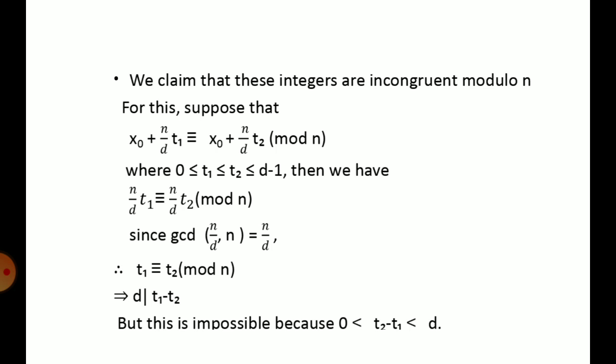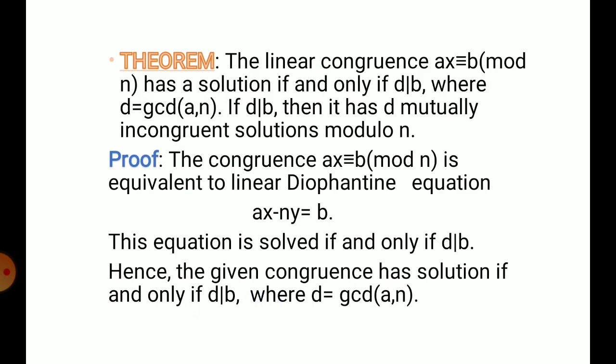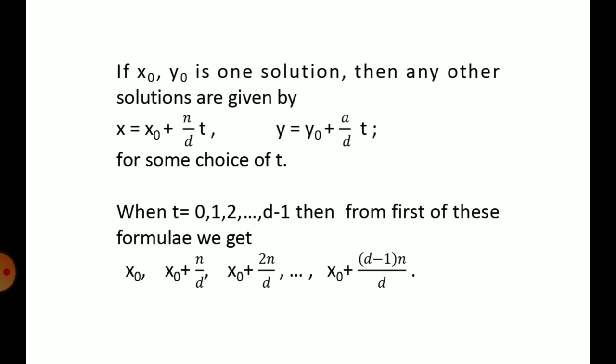Means, as we have considered these d solutions, any one of these d solutions will not be equal to any other of these d solutions. Means there are d different solutions.